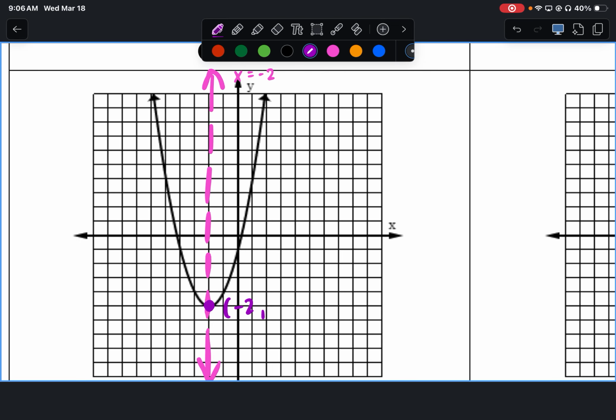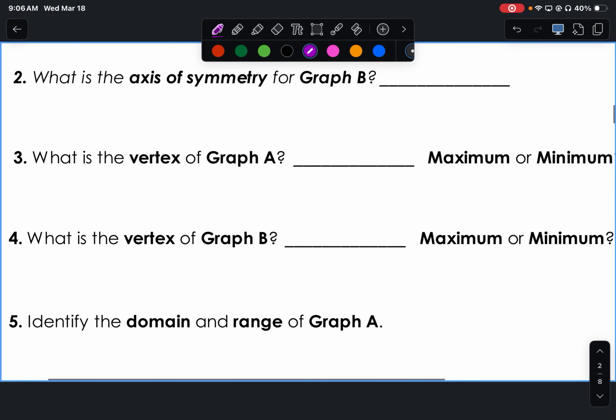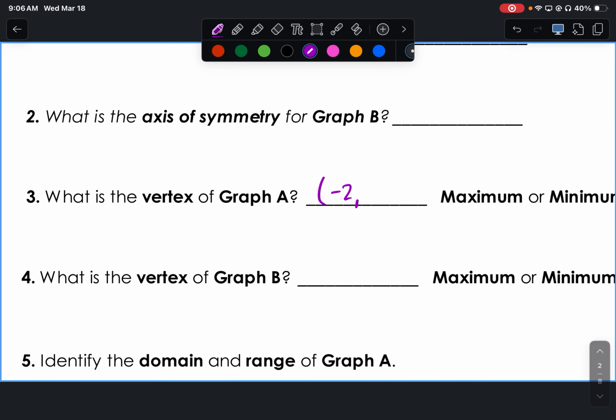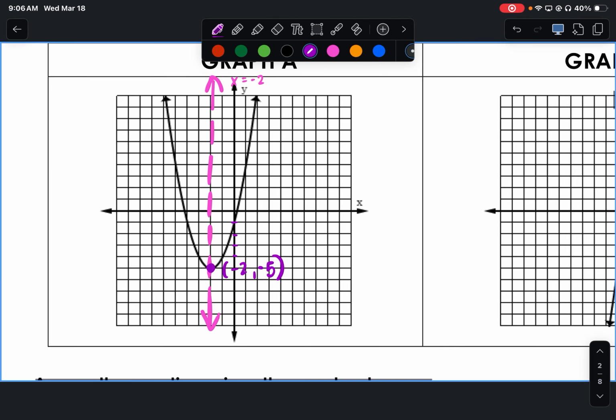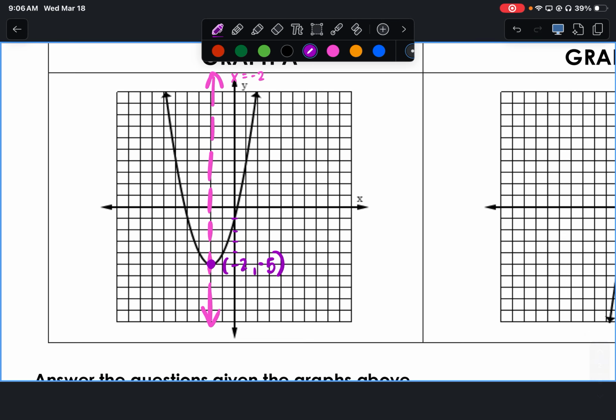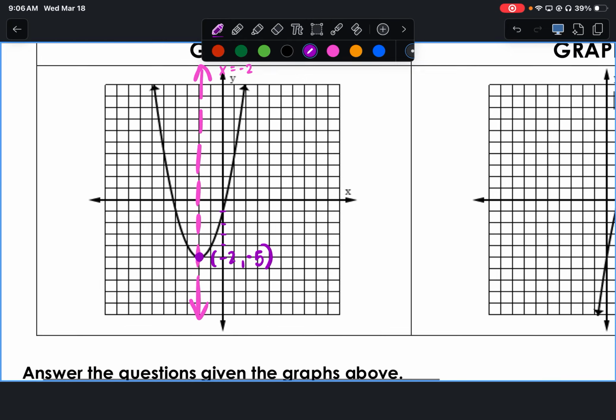Is it -6 or is it -5? 1, 2, 3, 4, 5. -2, -5 is our vertex. Okay? And obviously you'll be writing this in on the blank. So -2, -5. Is that a maximum or a minimum? Minimum. If it makes a valley and it's at the bottom, if it's the lowest point, it is a minimum.